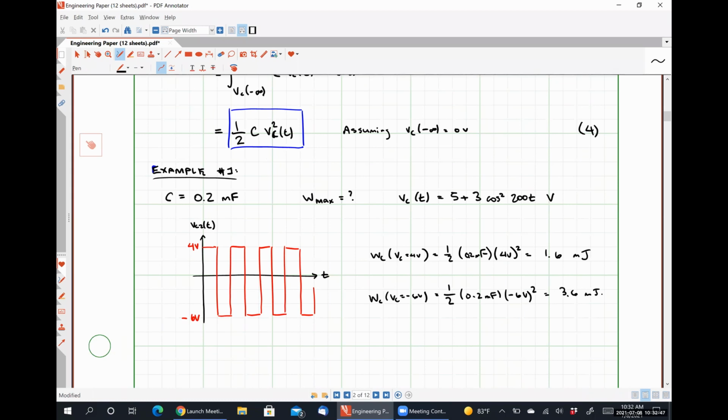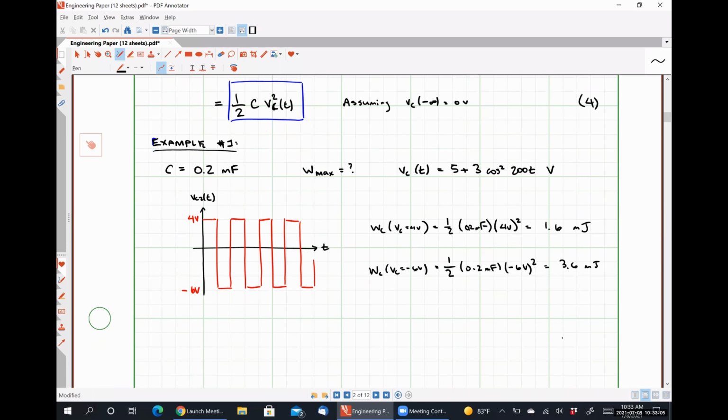So when the magnitude of the voltage is at its highest value, we see that the energy stored by the capacitor is also at its highest value. Okay. So with that in mind, for this voltage VC of t here, what is the maximum value that it could ever have?